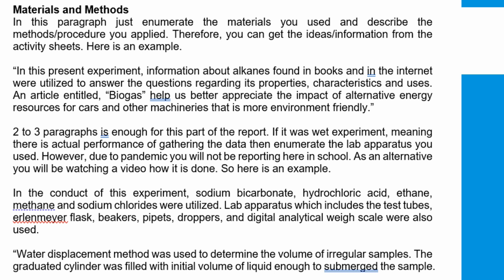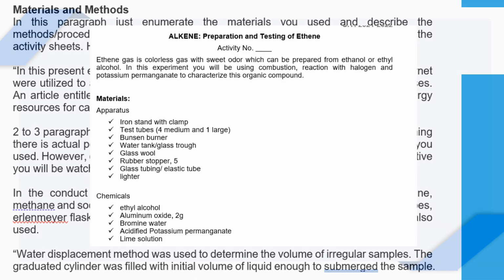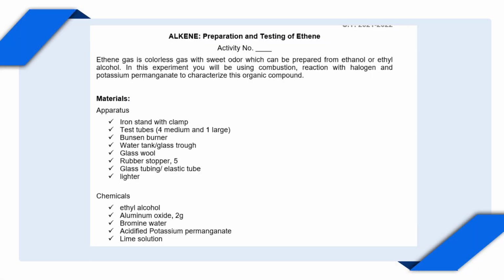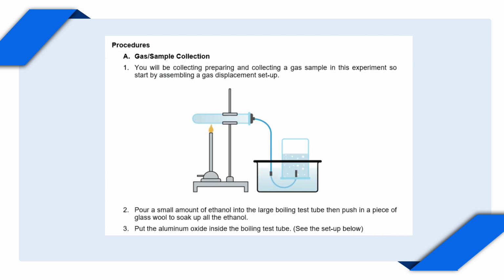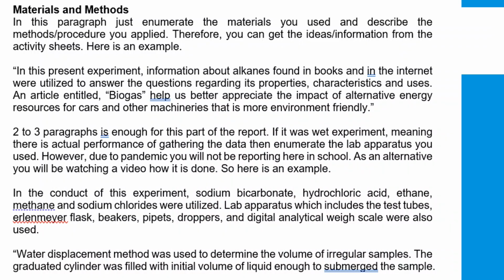So usually, these materials and methods are in the activity sheet that will be given to you. The materials you will need are already there, and the procedures you will follow to do the activity are already there. So, what you will do here is summarize it in paragraph form. Paragraph form, not bulleted. So, in complete, clear sentences, you may have 2 to 3 paragraphs.